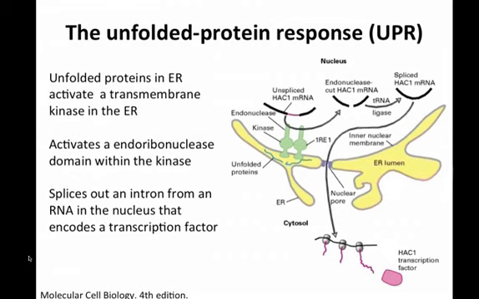One shows the kinase side in the nucleus, because remember, the ER membrane is connected to the nuclear envelope, right? And in the next one, it doesn't show it so obviously in the nucleus. But either way, you get activation of this kinase, which does multiple things to induce expression of genes that are associated with protein folding. But one of the things that it does is it activates an endoribonuclease.